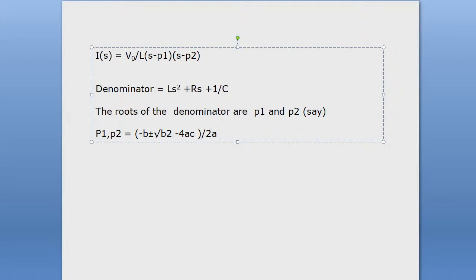You will get the value of this, and this will be in terms of L, R, C. Here, ax square plus bx plus c, you just consider s square plus R by L s plus 1 by LC. So you can calculate this thing. P1, P2 will be minus R by 2L plus minus 1 by 2L root over R square minus 4L by C. So you will get the final expression of the current component I of t.